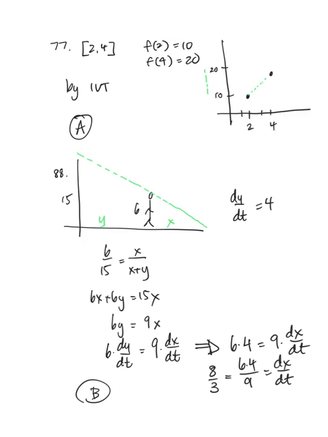All right, and number 77, we have a closed interval from 2 to 4. We know f of 2 is 10, f of 4 is 20, so I do a little picture right here. They're asking us which of the following is guaranteed by the Intermediate Value Theorem. If this is a continuous function on a closed interval, we know that if I go from 10 to 20, I've got to be able to reach all the values in between 10 and 20.